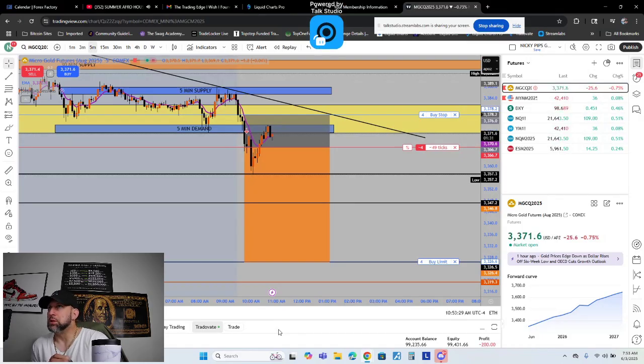Hopefully gold doesn't push up above that candle, because then it's going to validate that it was just a slight pullback to continue going up.